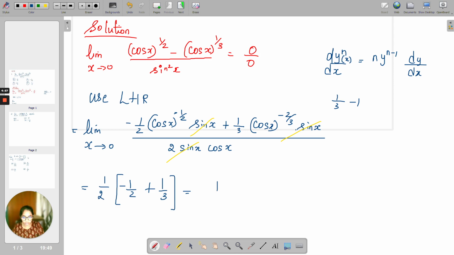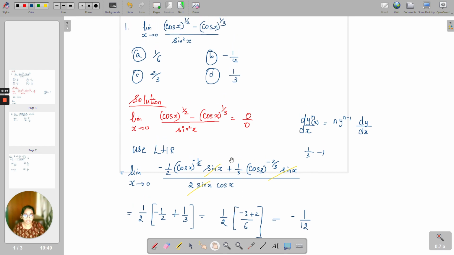So if you take the LCM, what would you get? 3 2s are 6, minus 3 plus 2. So it is minus 1 divided by 12. Let me check where we have minus 1 divided by 12. Yes, we have. That is option B.